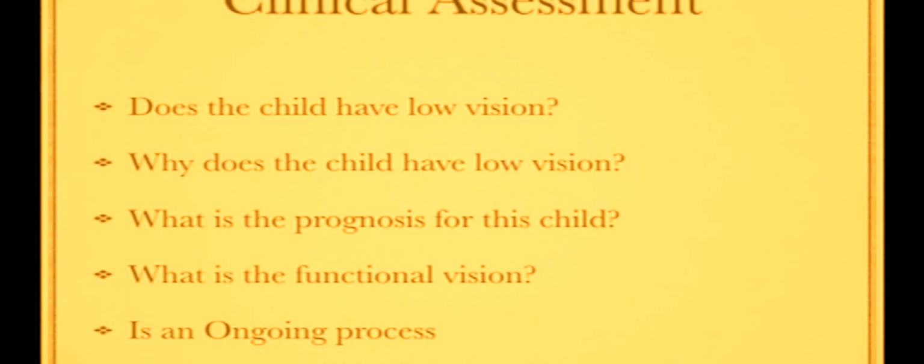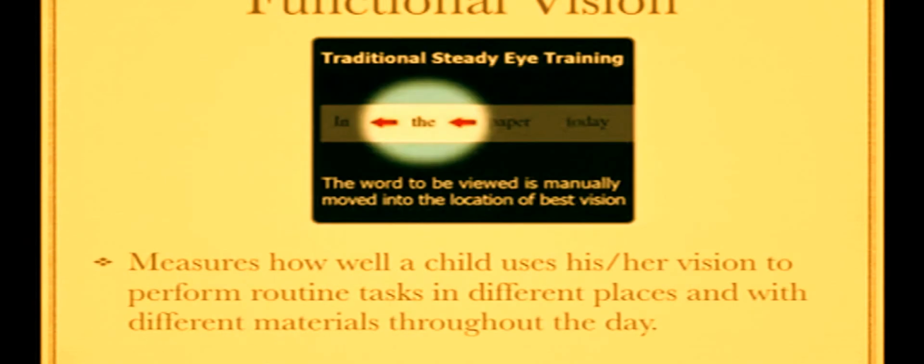And so the clinical assessments include a lot of questions, like for any child with low vision, you need to answer these questions. Whether the child has low vision, why the child has low vision, what is the prognosis, what is the functional vision. This functional vision question you need to answer always, as to how best the child is able to function in the environment, and whether this is a progressive condition.